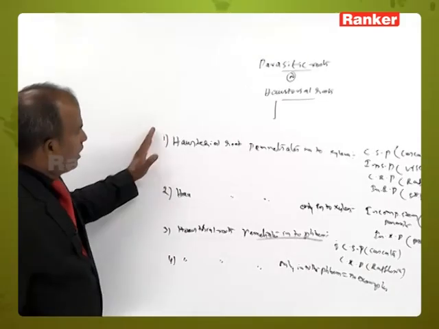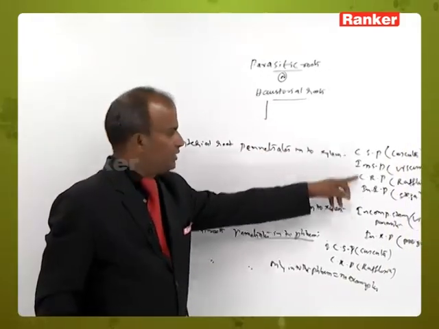Is that clear? Now, haustorial roots penetrate into xylem: all examples.